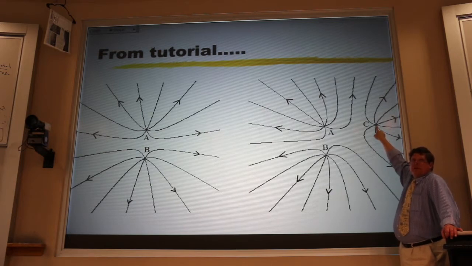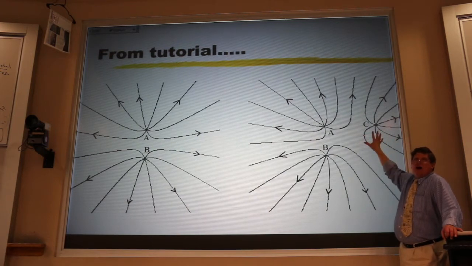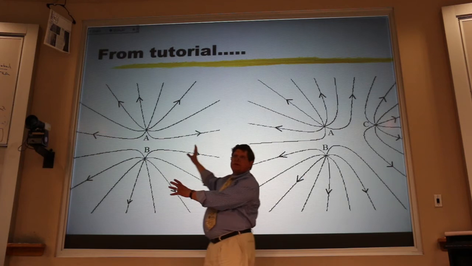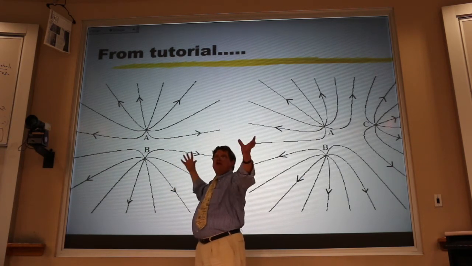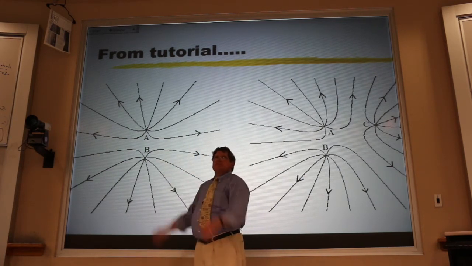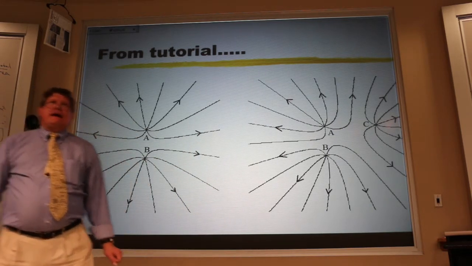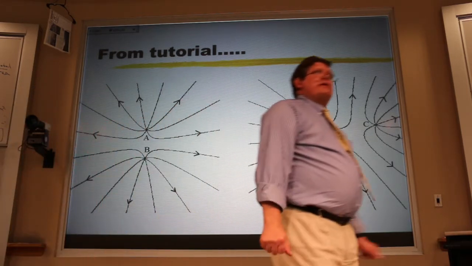Not with this picture. It can be pushed any direction. That's not what C experiences. This is what C experiences. And it doesn't matter whether C is huge or small, it doesn't push on itself. Okay? Check that your neighbor understood that, and then they got the right experience in the tutorial.